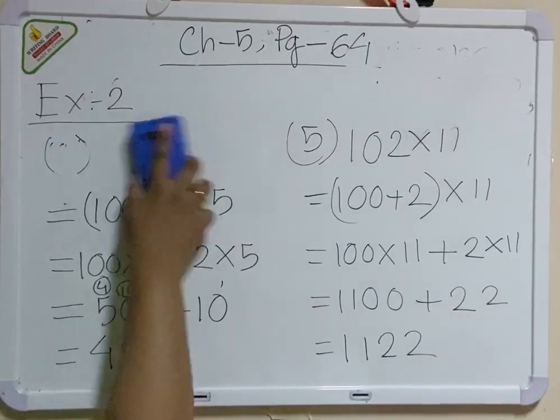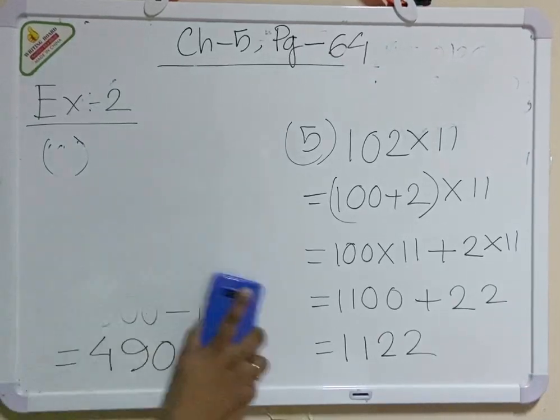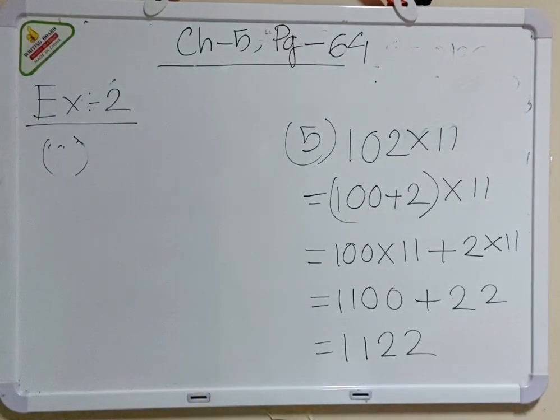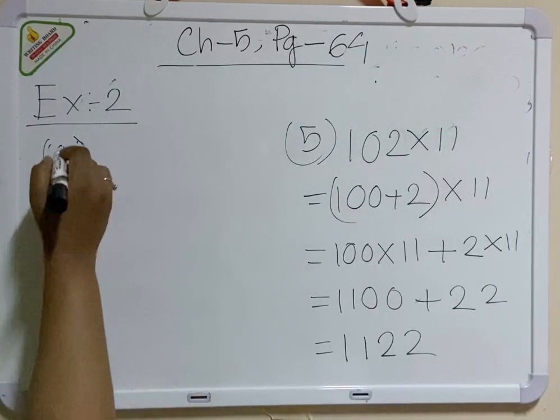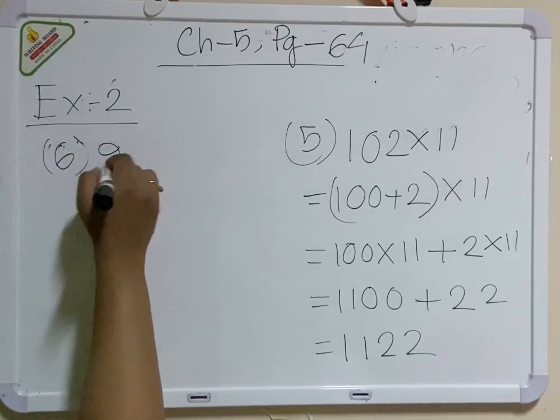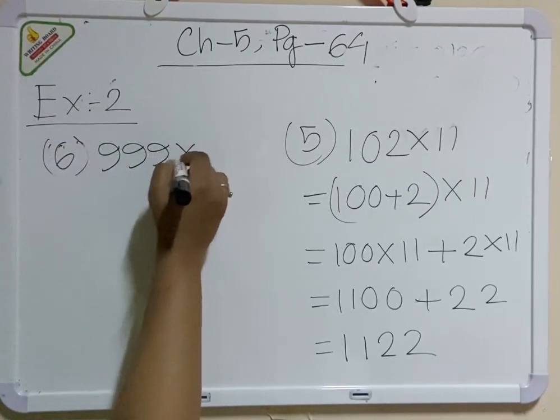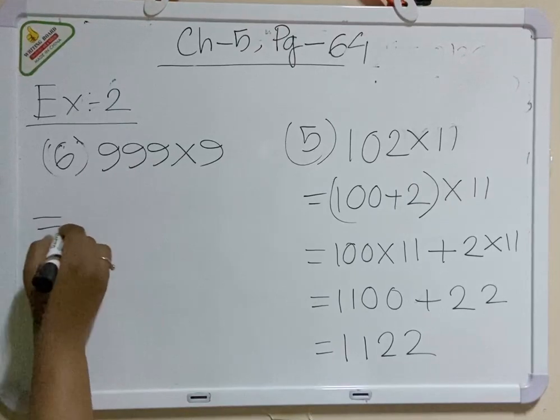Now I will show you the number 6. 999 multiplied by 9. So big number.